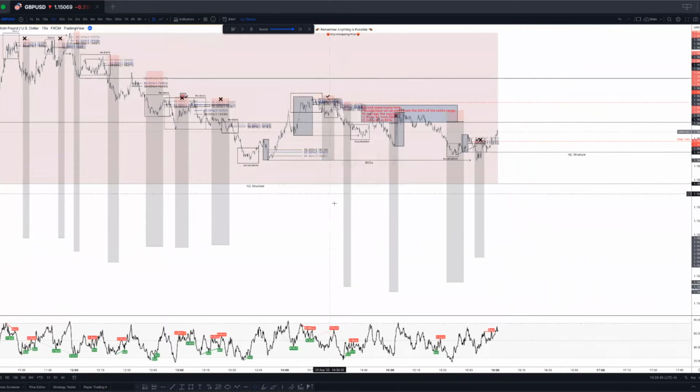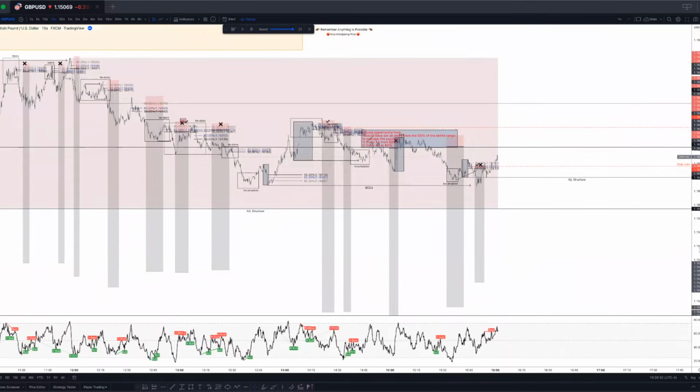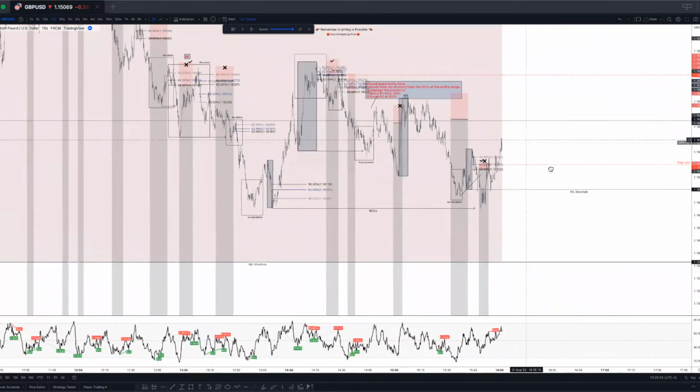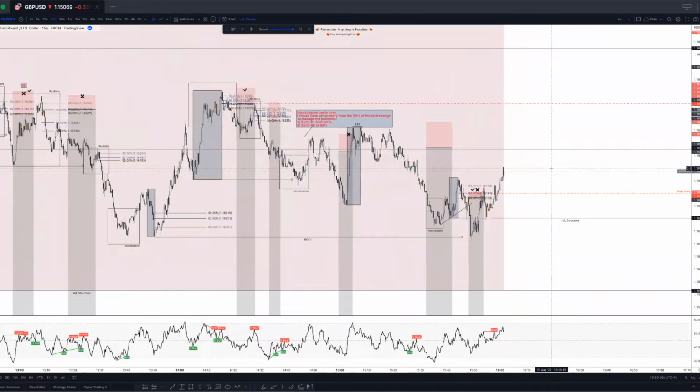So we would have taken significant volume off during this time. And let's look at the entire range now. So that entire range just got validated and confirmed.